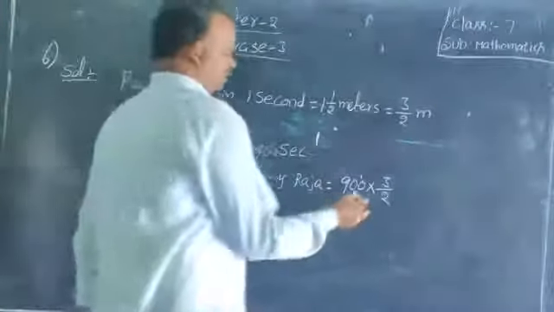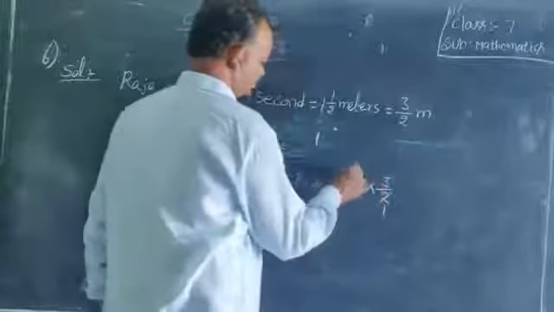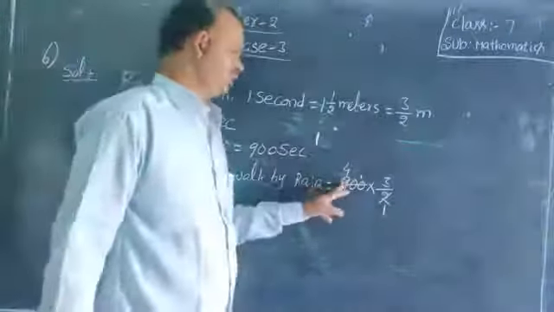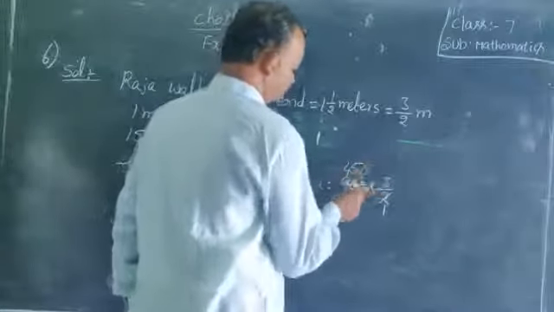Now we are calculating the value. 2 tables, second table, 2 ones, 2 4s are 8, 2 5s are 10. Here the value is 0.